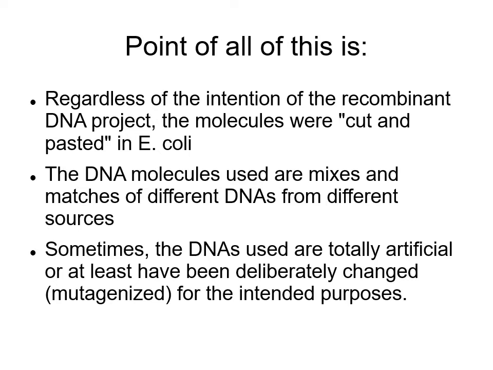So the molecules that we deal with now are almost completely artificial, have been changed in many, many ways, but the basic technology of how you recombine or put them together and take them apart is almost always done in E. coli. So we need to know the basics of E. coli plasmids and how they work before we get to some of the more complicated things that are needed to accomplish some of these more ambitious kinds of goals.